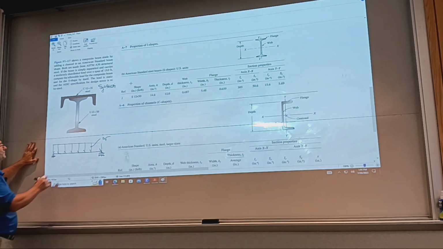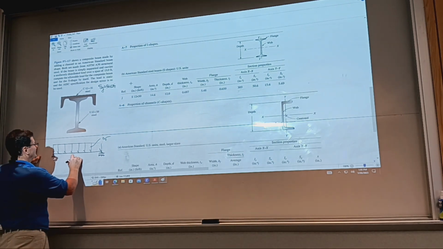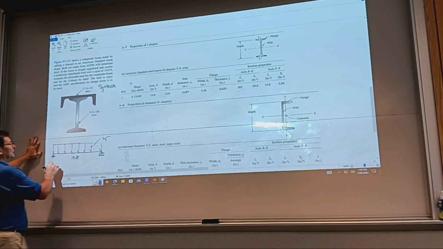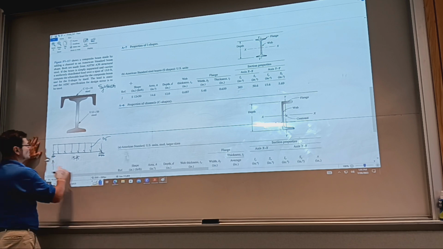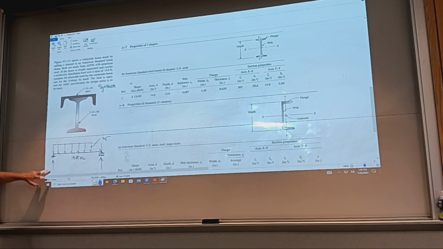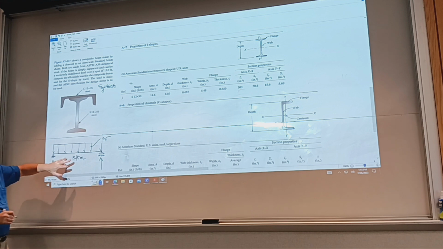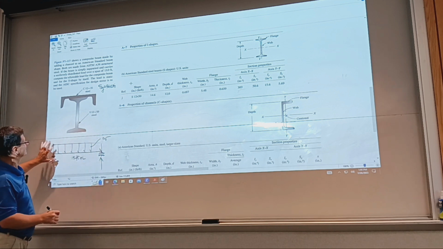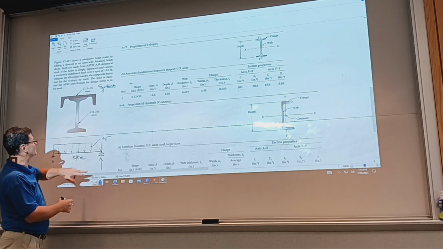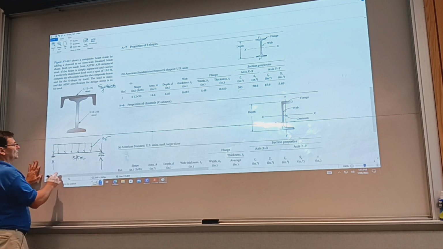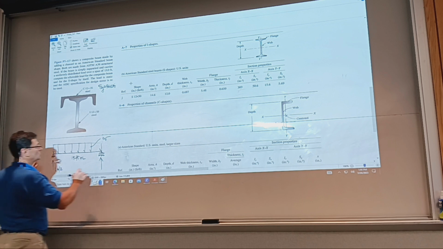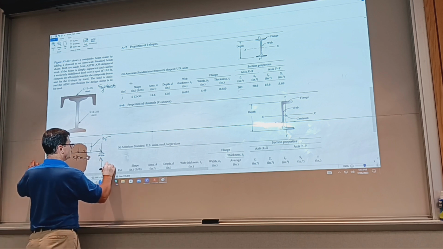The span, it says, is 15 feet, so we can call this L. The reaction of the supports is going to be the resultant of this uniformly distributed load, which is L times w divided by 2.